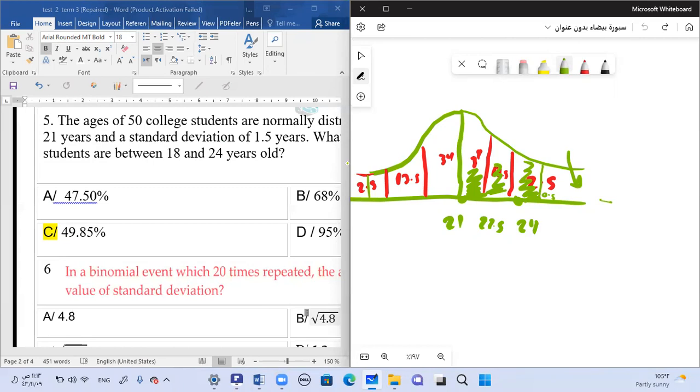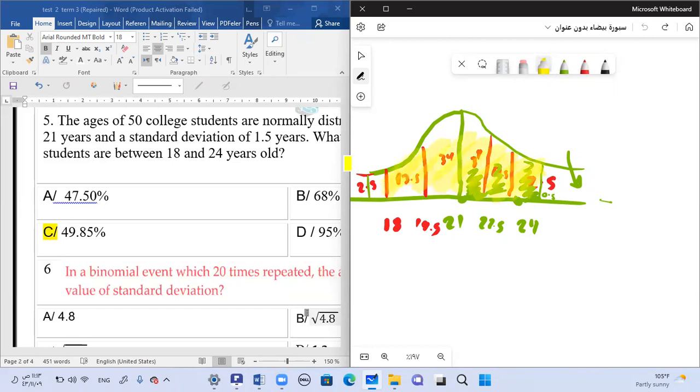21 minus 1.5, 19.5 minus 1.5, 18. So I need this area.